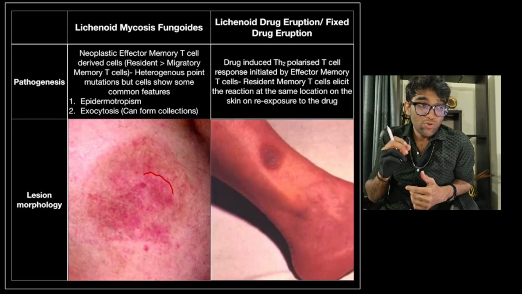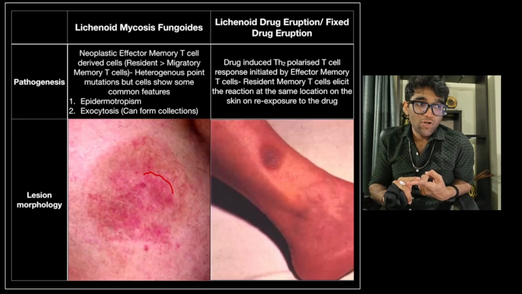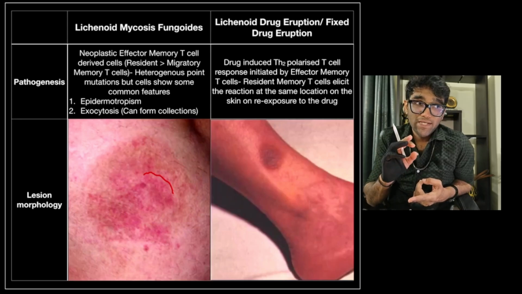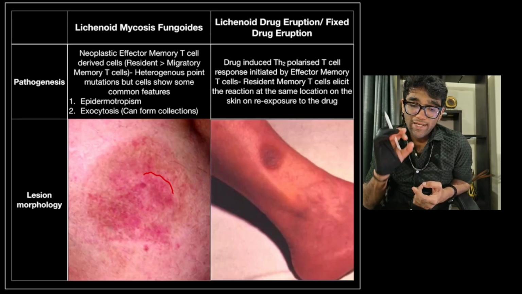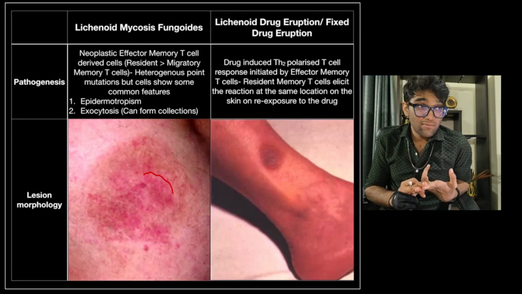But they show two very common features. One is there is epidermotropism, that is the neoplastic lesions localized to the epidermis. Second is there is lymphocytic exocytosis.